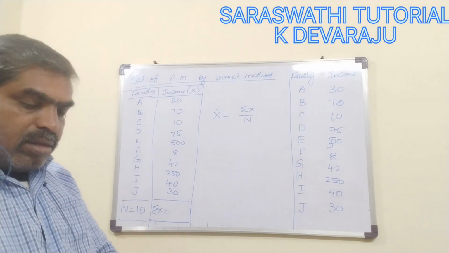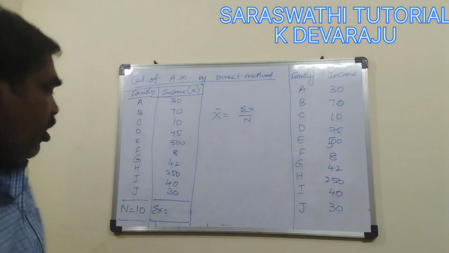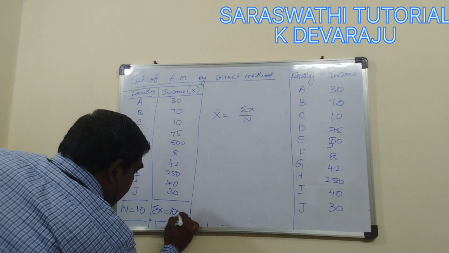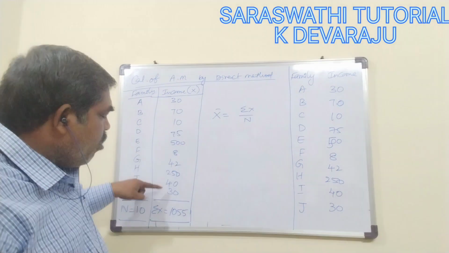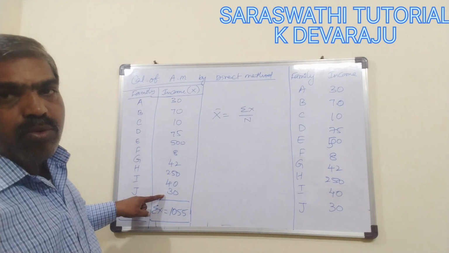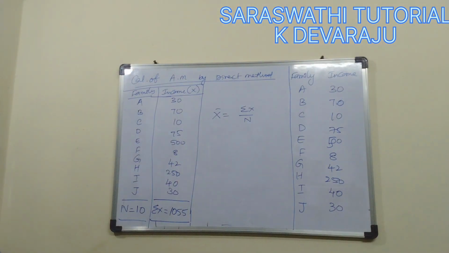Okay, total becomes 1055. So we got the summation x: we add 30 plus 70 plus 10 up to the last observation. By adding these we got 1055, right?